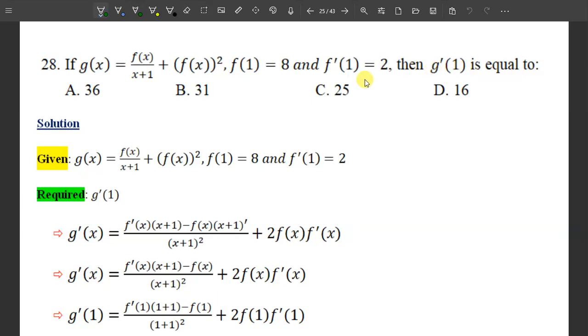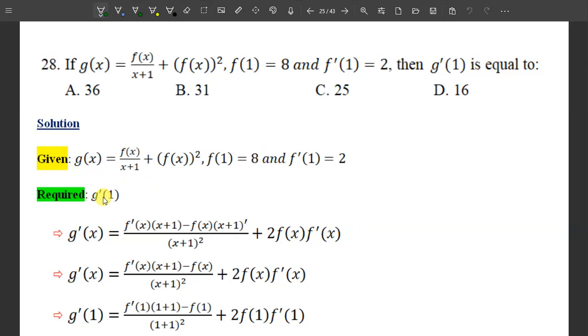Now here, we are given g of x is equal to f of x, this is given, and also f of 1 is equal to 8, and f prime of 1 is equal to 2. These are given. What is required?